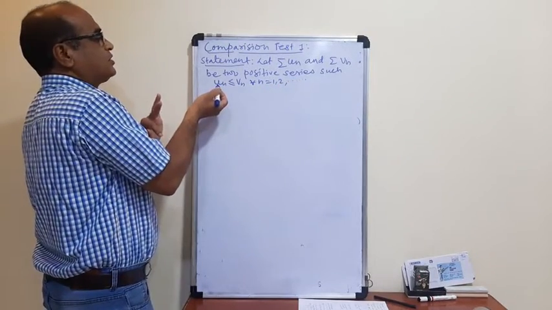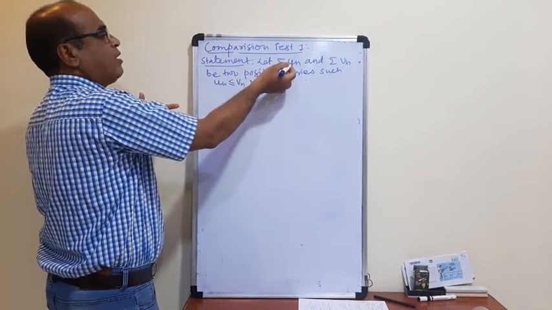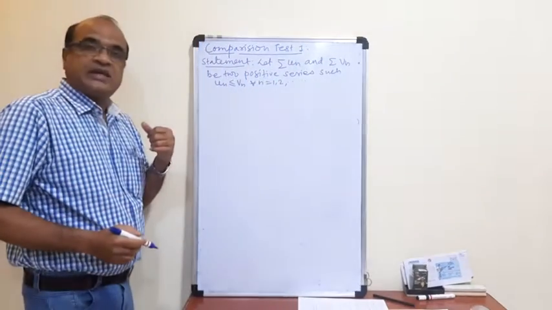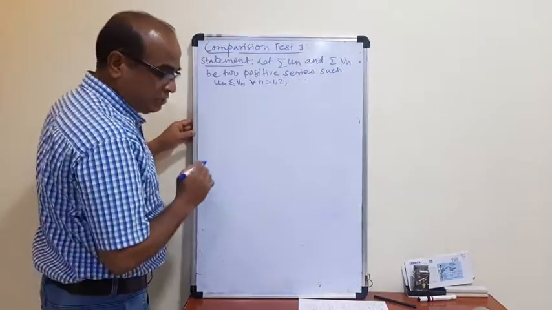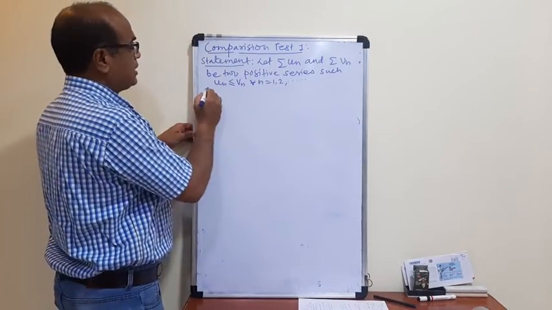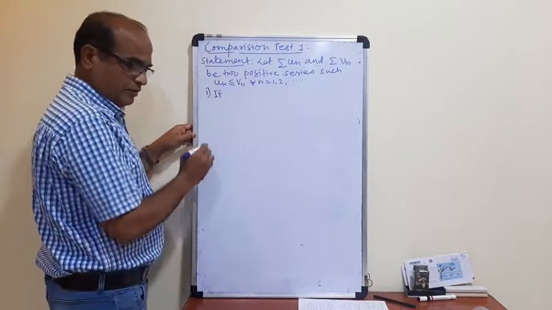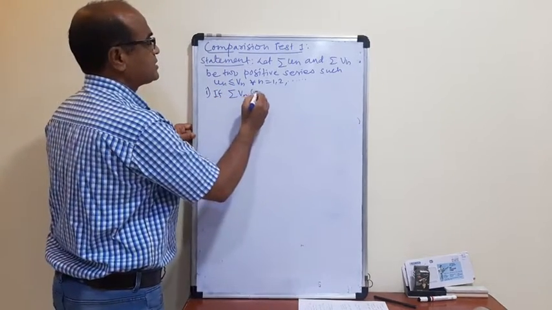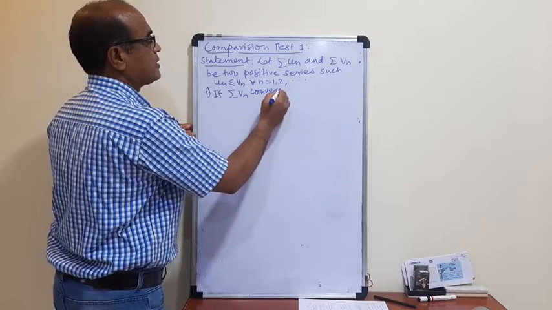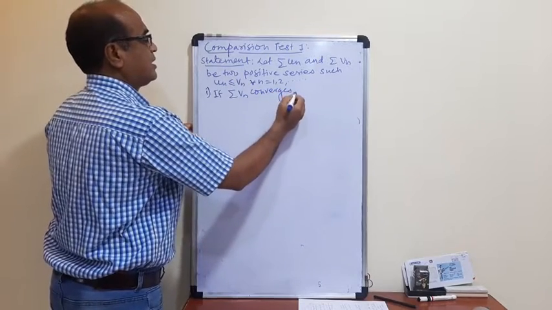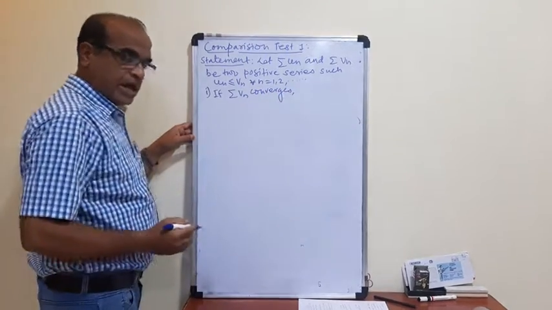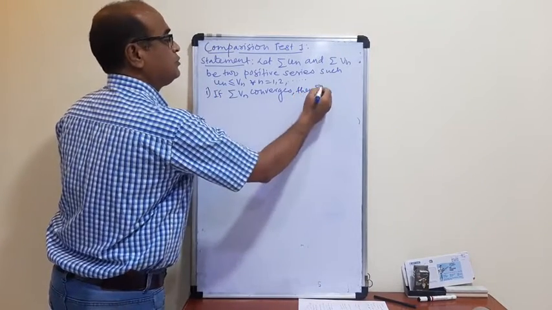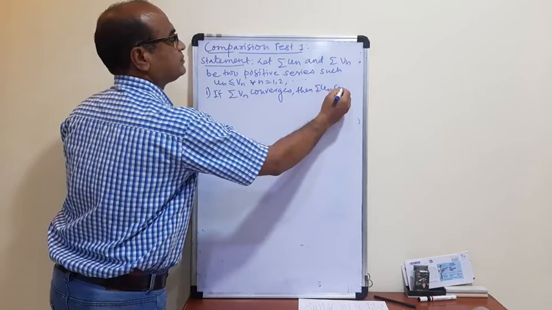This means each term of un is less than or equal to the corresponding term of the series vn. Then one, if the series vn converges, then summation un also converges.